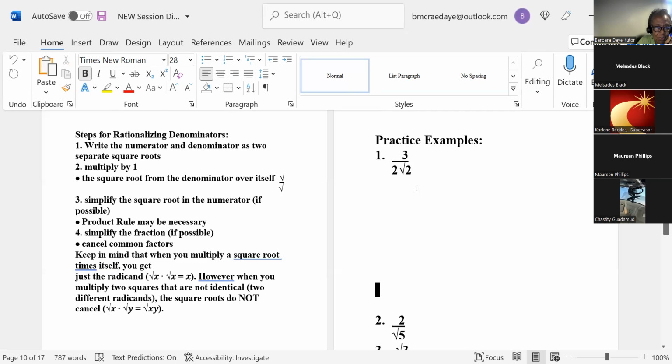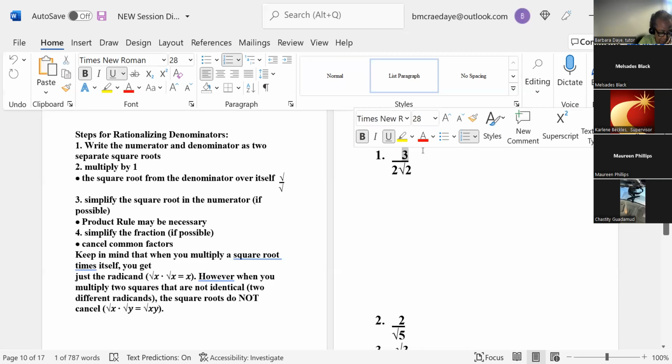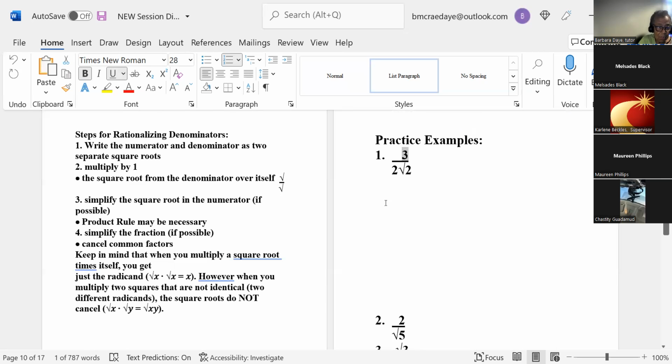So we have 3 and we have 2 times square root of 2. So you can write them as 2 separate square roots. Okay, so we could say 3. Let's write them separate until you really get it. So I'll put this 3 here.